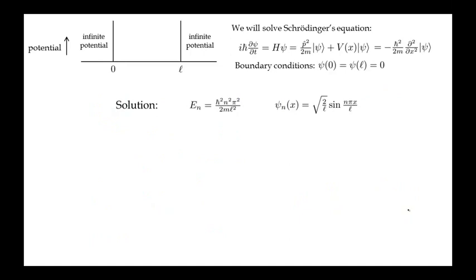So here's our solution then. The solution is quantized for integer values, that's the energy, and that's the corresponding wave function, for n equal to 1, 2, and so on.